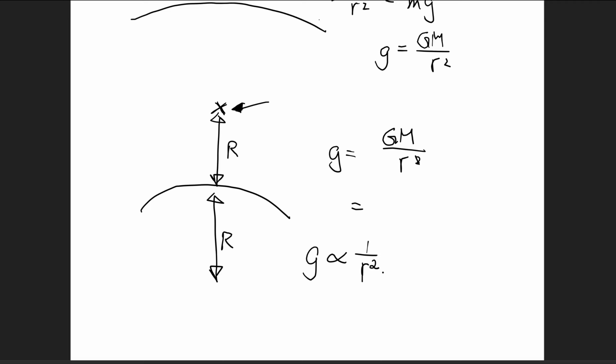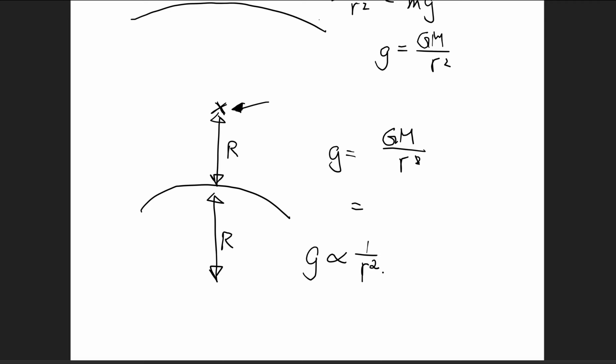So let's draw a diagram for this part. Let this be g. This is the gravitational field strength against the distance r from the center of the Earth.